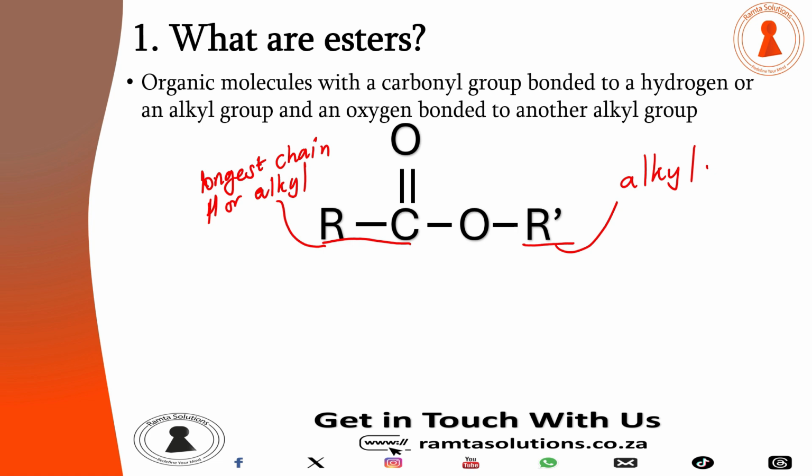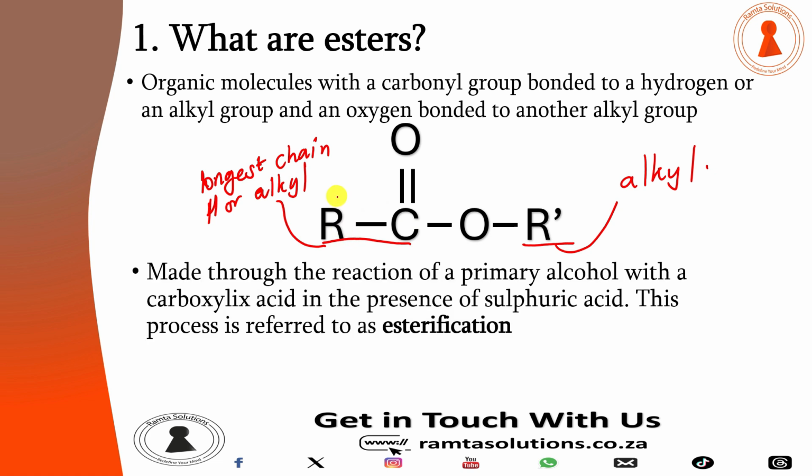You're going to see this later. Remember, the alkyl that's bonded to the oxygen will become the alkyl name of your molecule, and the alkyl bonded to the carbonyl will become the longest chain. Together with the carbonyl, they become the longest chain.